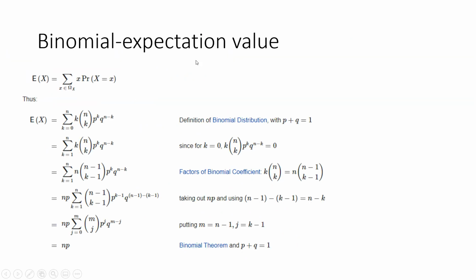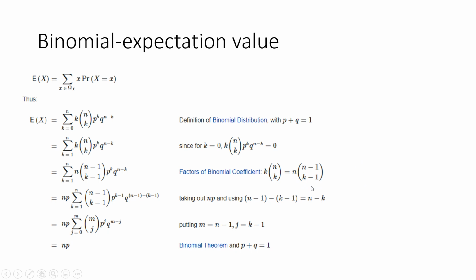Okay, binomial expectation values are very common, and I think this is the common derivation. Let's quickly see. For the easiest way, we let q equal 1 minus p. So X is k with probability n choose k, p to the k, q to the n minus k. You start from here. One important identity that we will use in the future is k times n choose k equals n times n minus 1 choose k minus 1.